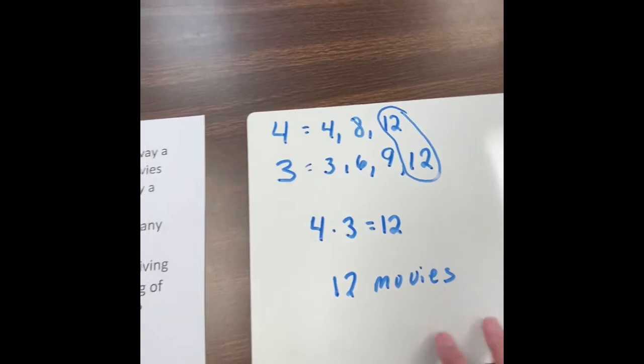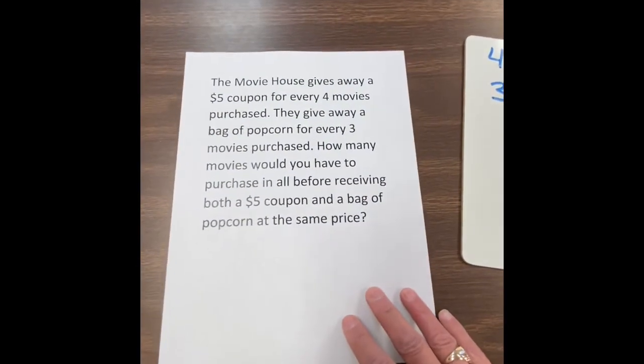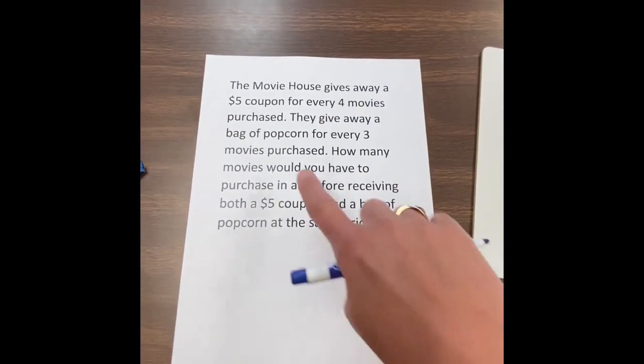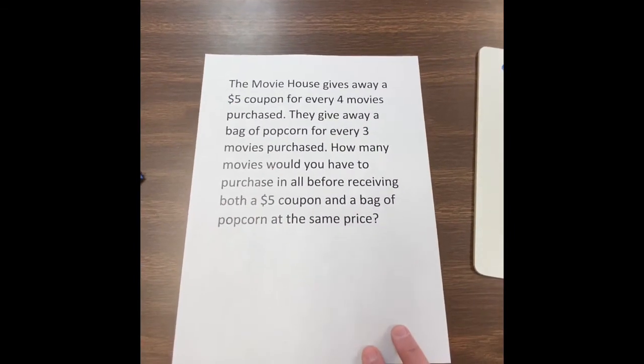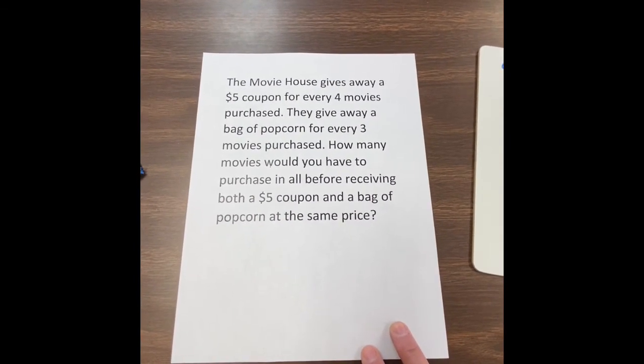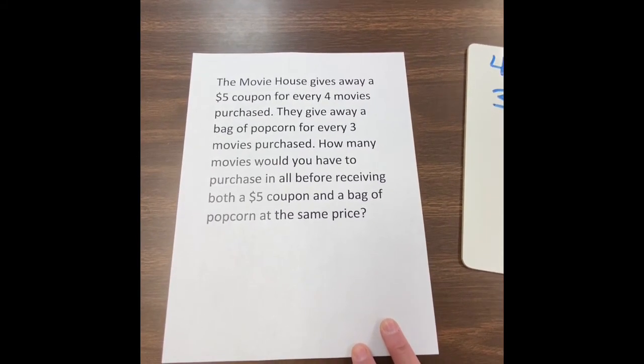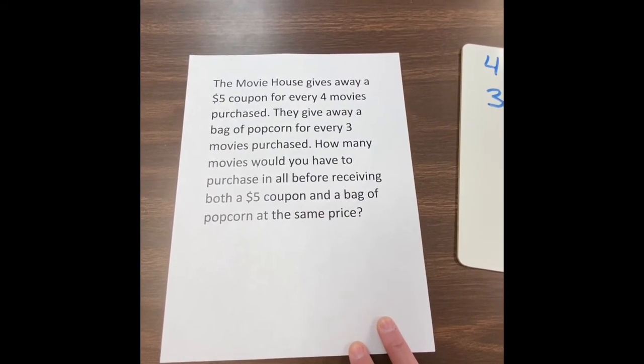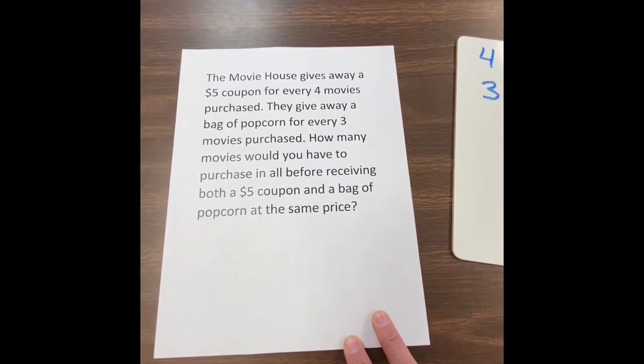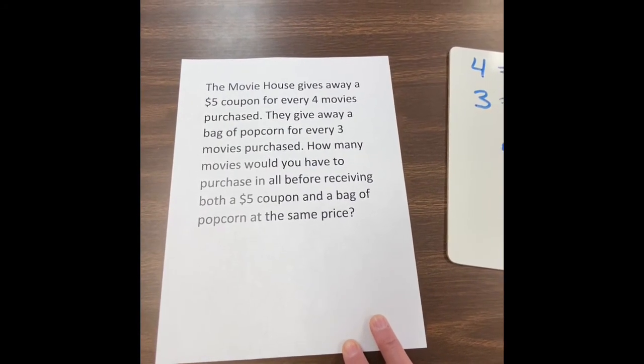So now let's go back and make sure that it makes sense. The movie house gives away a $5 coupon for every 4 movies purchased. They give away a bag of popcorn for every 3 movies purchased. How many movies would you have to purchase in all before receiving both a $5 coupon and a bag of popcorn?